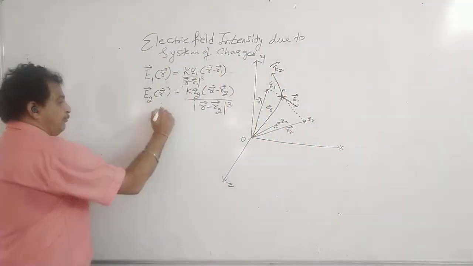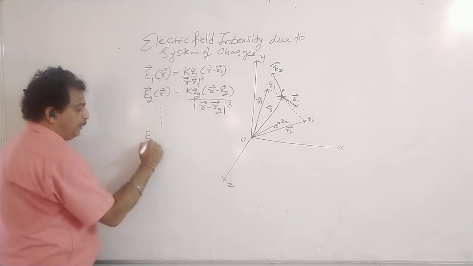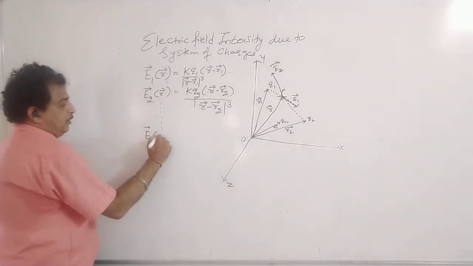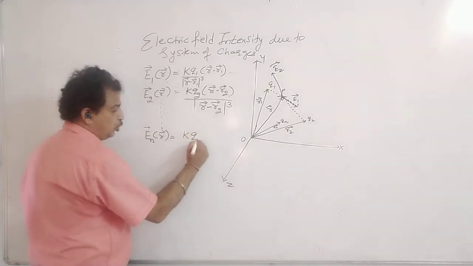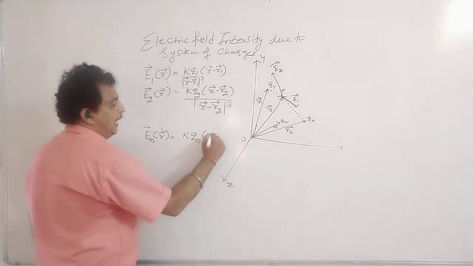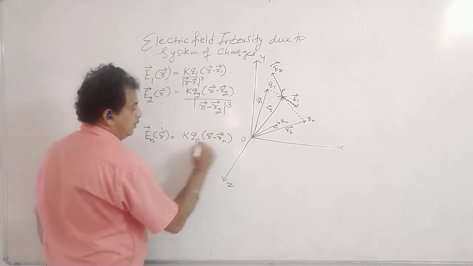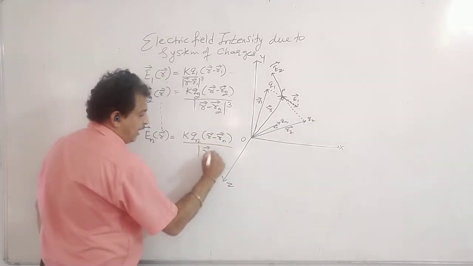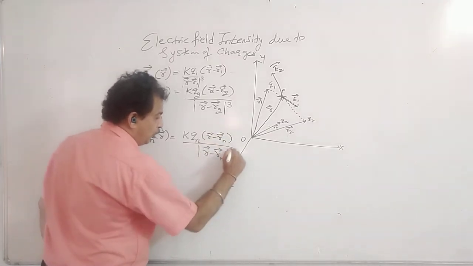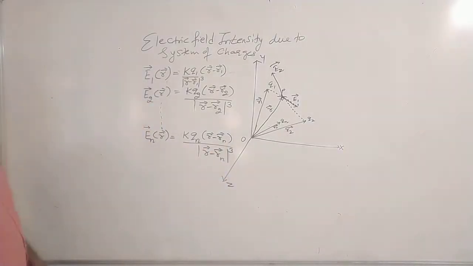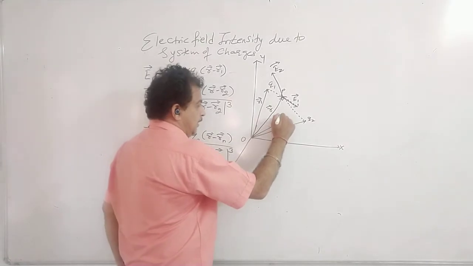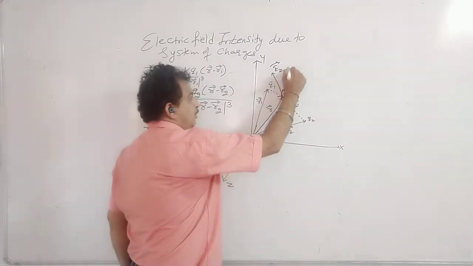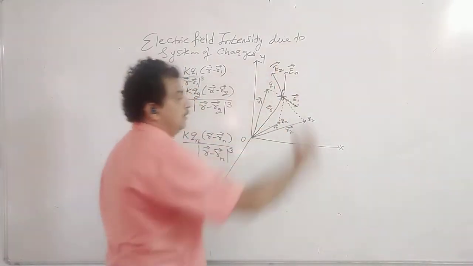Similarly, the field at point P due to the nth charge is equal to K times Qn times R minus Rn upon mod of R minus Rn cubed. If I join the points, this will be named En.